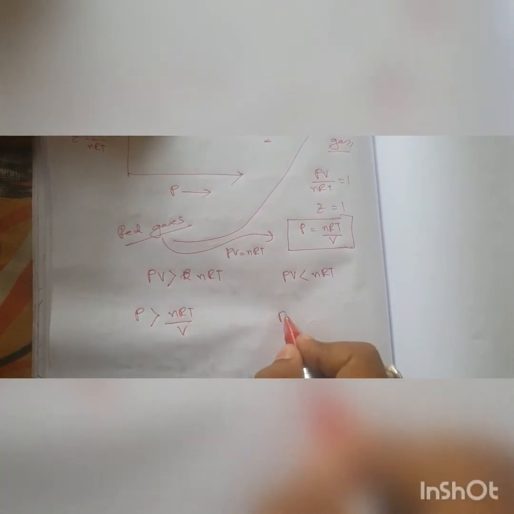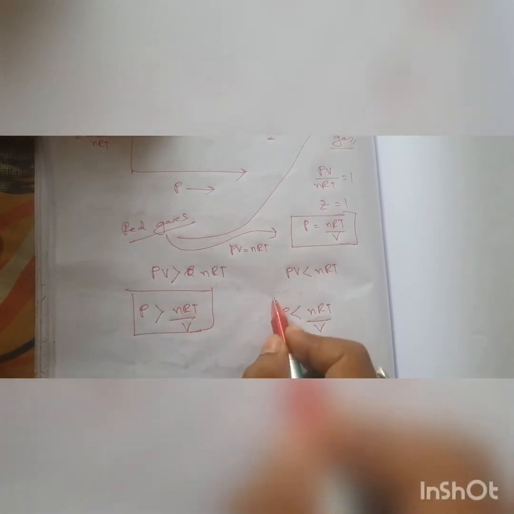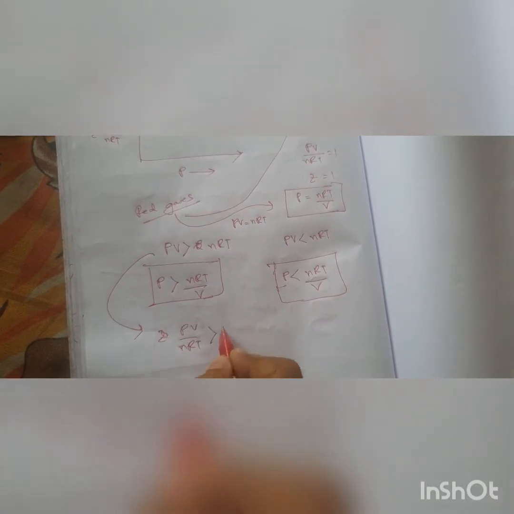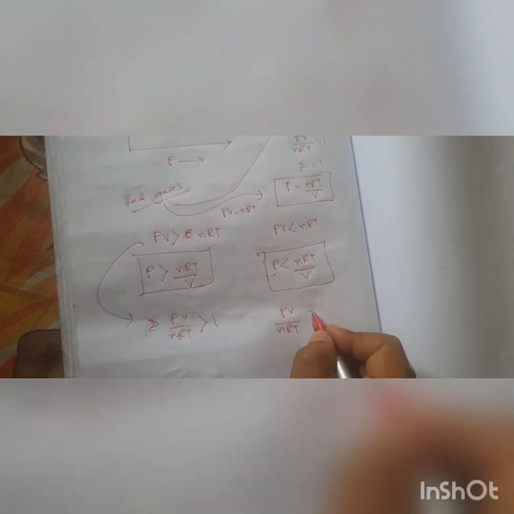Now if it is so, then P is greater than nRT by V, or P is less than nRT by V. So it also follows that PV by nRT is greater than 1 or less than 1.